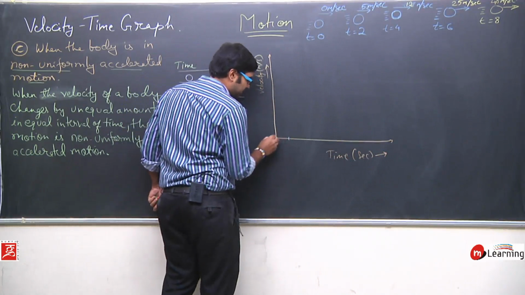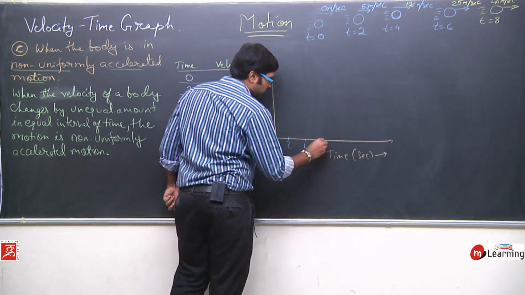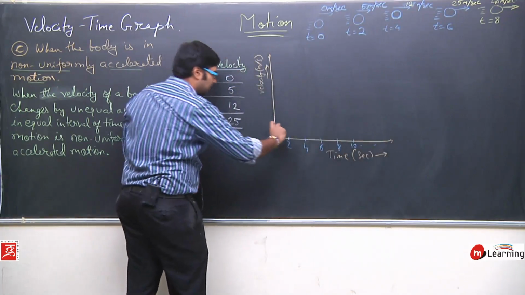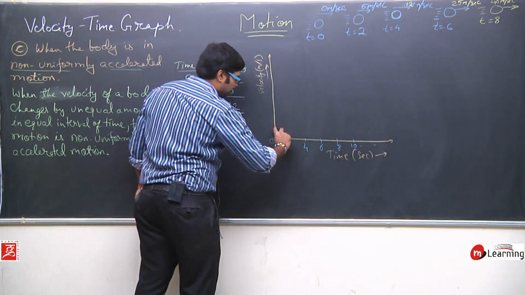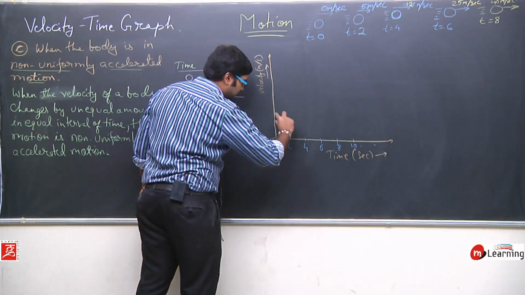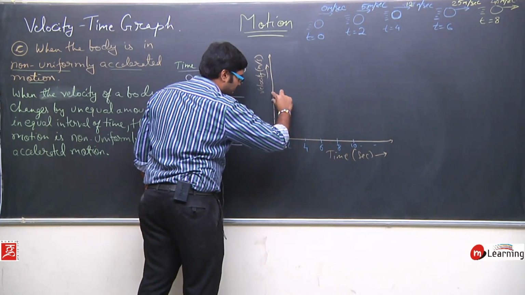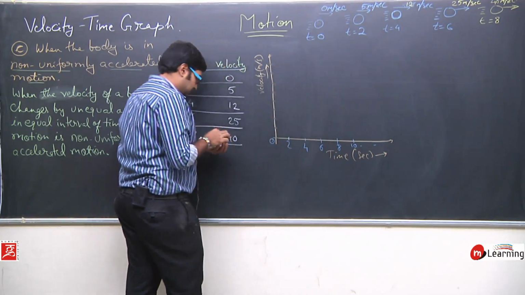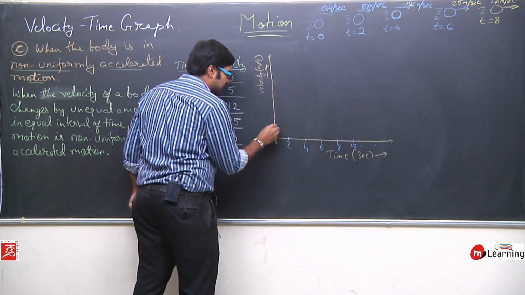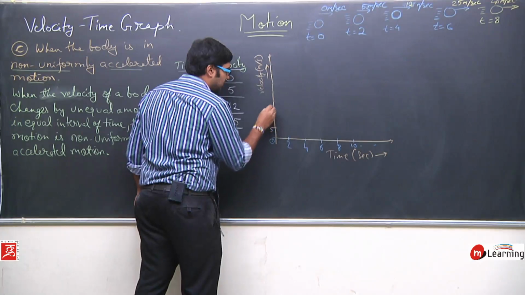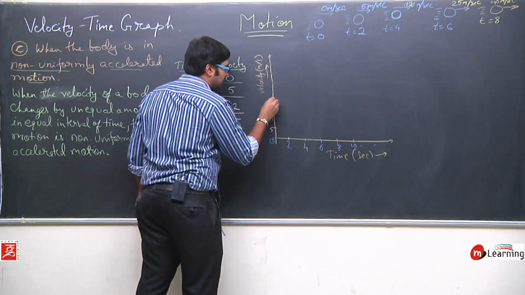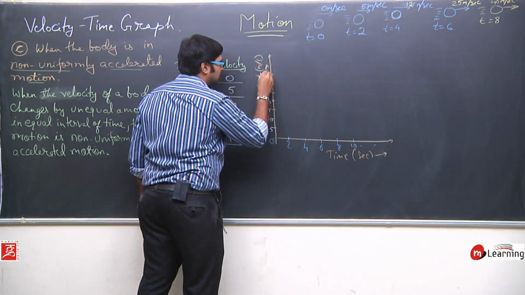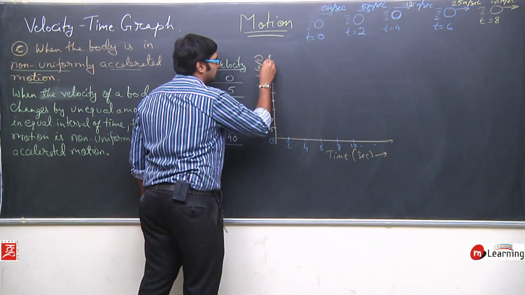So this is the time interval, 0, 2, 4, 6, 8, 10 and so on. Now for the speed, let's say this is the divisions: this is 5, this is 10, this is 15, this is 20, this is 25, this is 30, this is 35 and this is, let's say, 40.